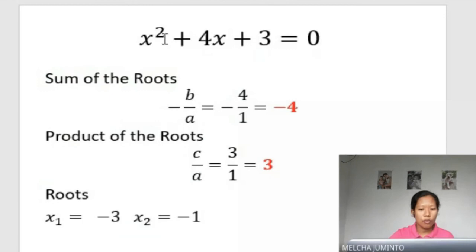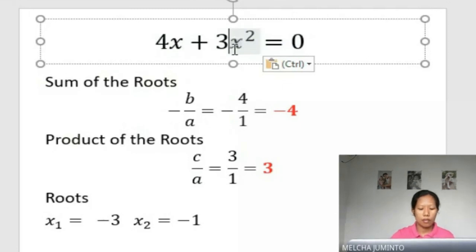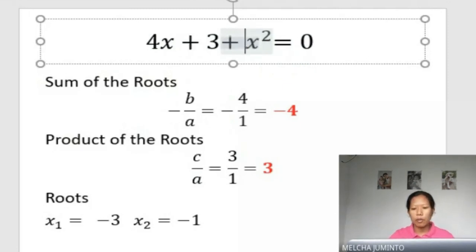What if the first term is not x squared? The first term is not x squared in the first term. You need to rearrange the terms. You need to write x squared in the first term to be able to write it in standard form.